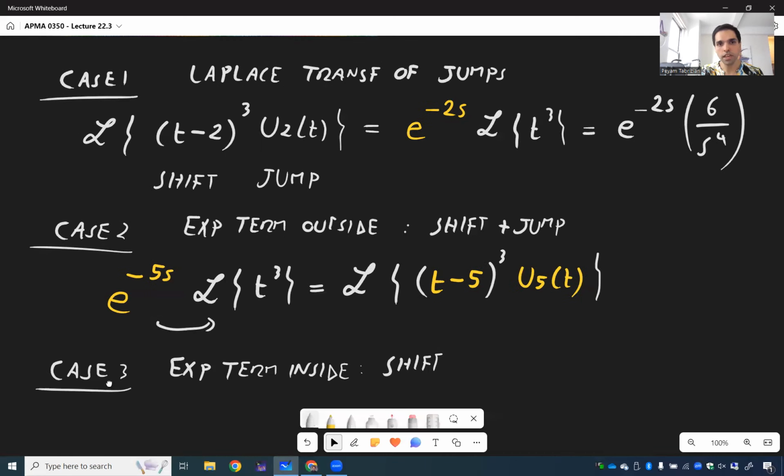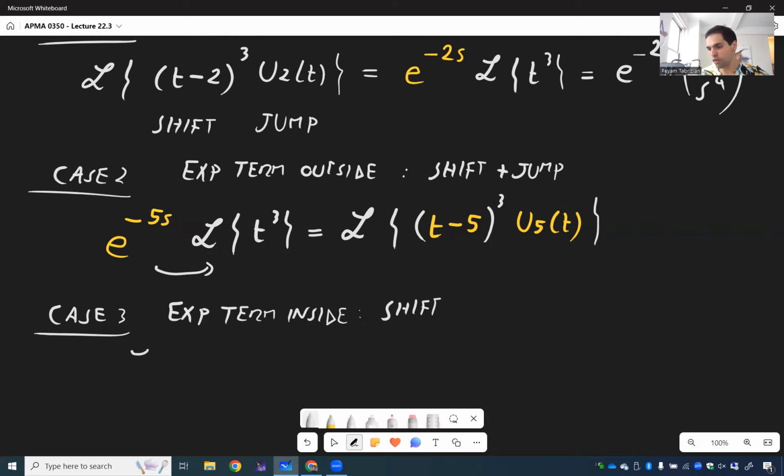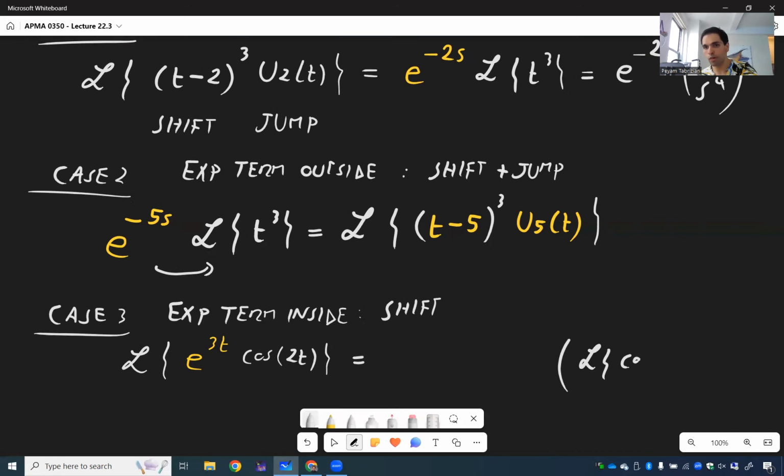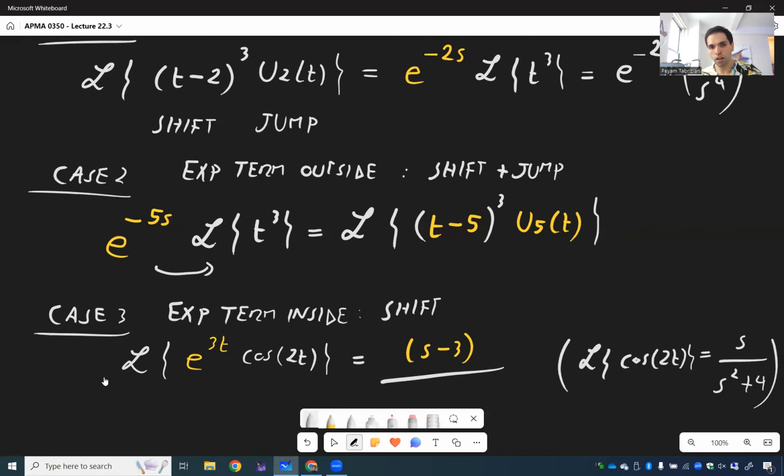So for instance, if we have Laplace transform of e to the 3t cosine 2t, well, the Laplace transform, remember, of cosine 2t is simply s over s squared plus 4. And if the exponential term is inside, you shift all this. So s minus 3 over (s minus 3) squared plus 4.